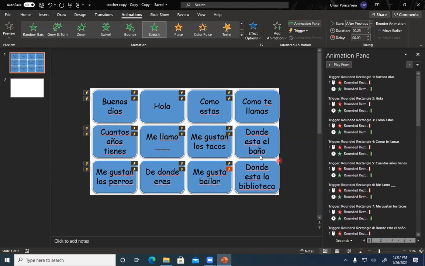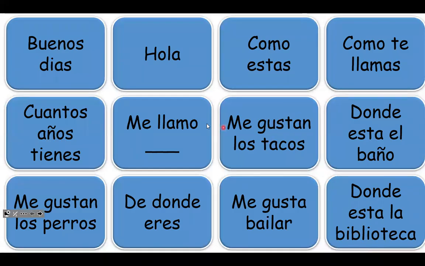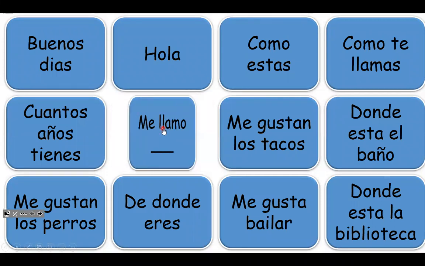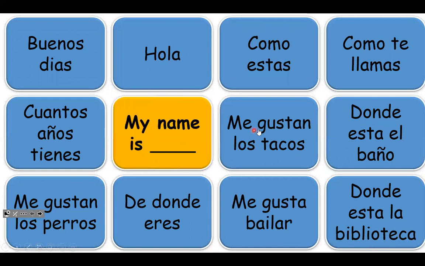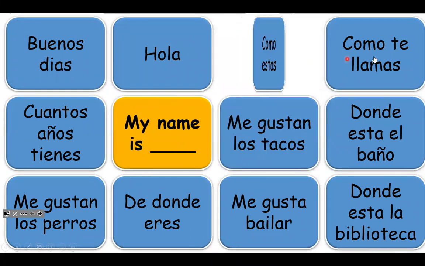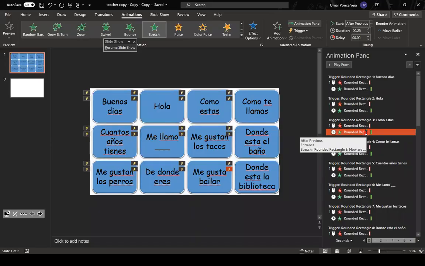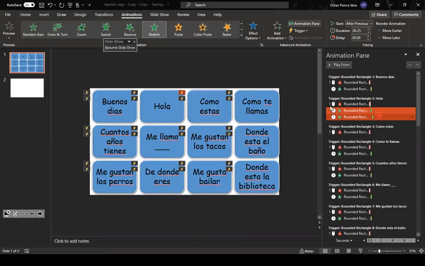Now, in order to test it, you're gonna click on slideshow and let's try it. So then click on one and then, yep, there you go. It works. Perfect. Now, if for some reason you click and it does something weird, for example, let's say that I put this one incorrectly.